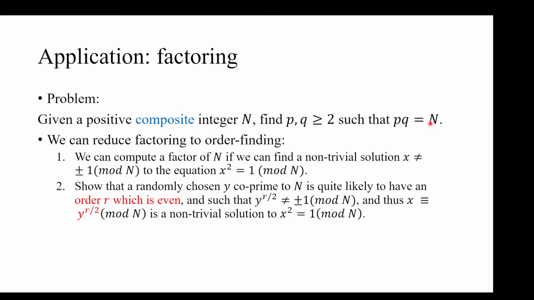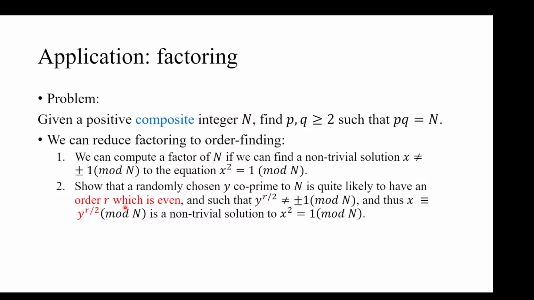And we are going to use the order finding we just talked about to do factoring. Basically, we find a random x and find its order r by our order finding algorithm.